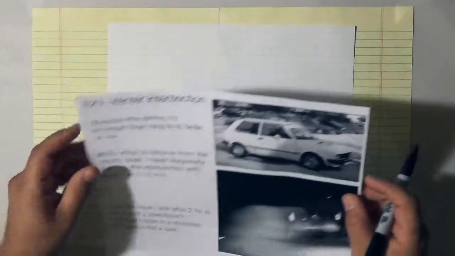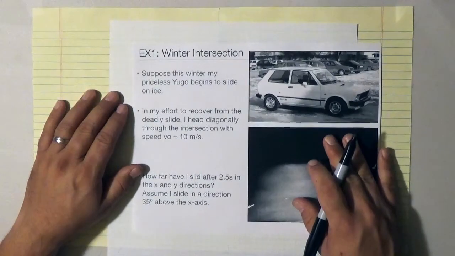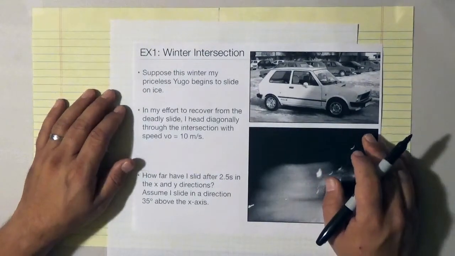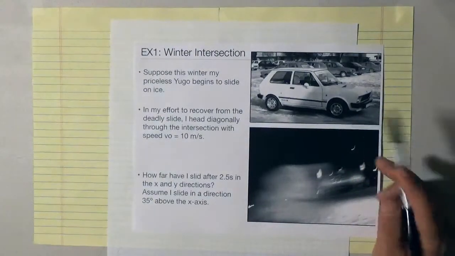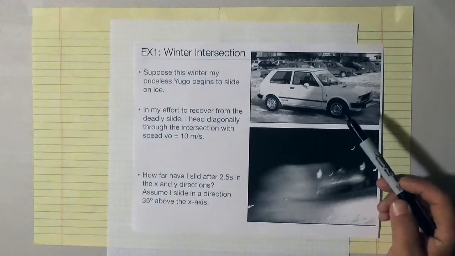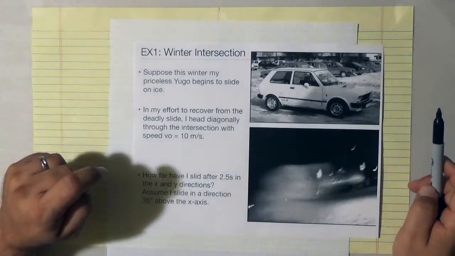So our first example isn't particularly complicated. There are a multitude of different ways to do it, so I'll do it a couple of times here. This is the first time that I do it for you. We have my priceless Yugo, which we've encountered many times before. And let's suppose I'm driving around in the winter and I begin to slide on the ice.